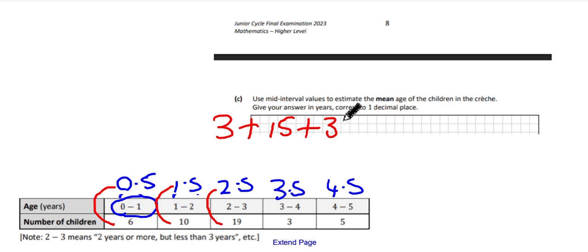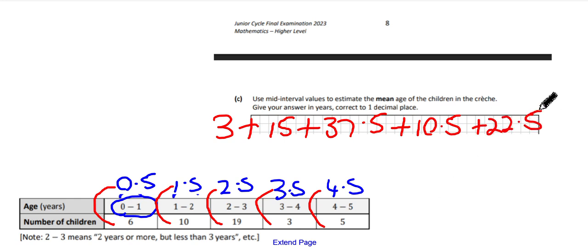It is 37.5. 3 multiplied by 3.5? 10.5. 5 multiplied by 4.5? 22.5. These are all the ages of the kids combined, yes? Oh, 47.5. Thank you.